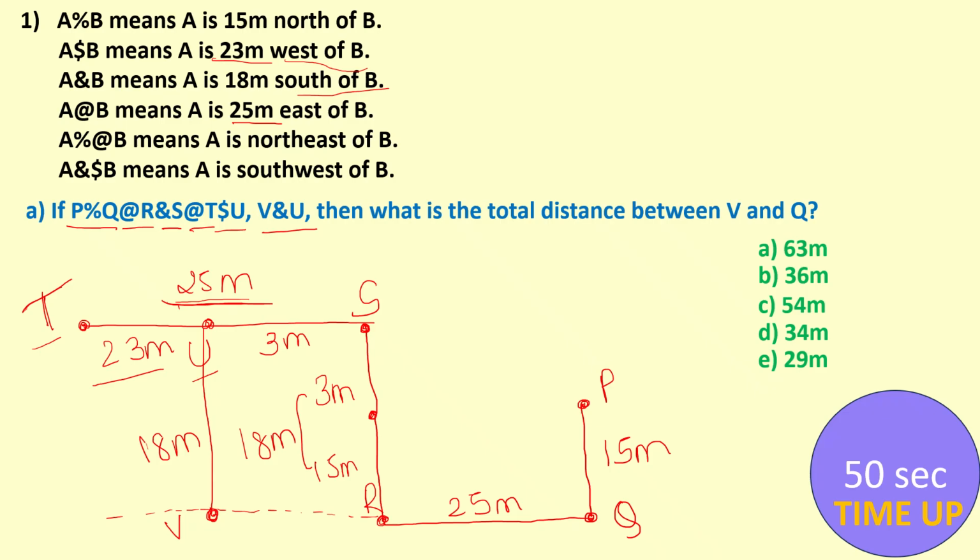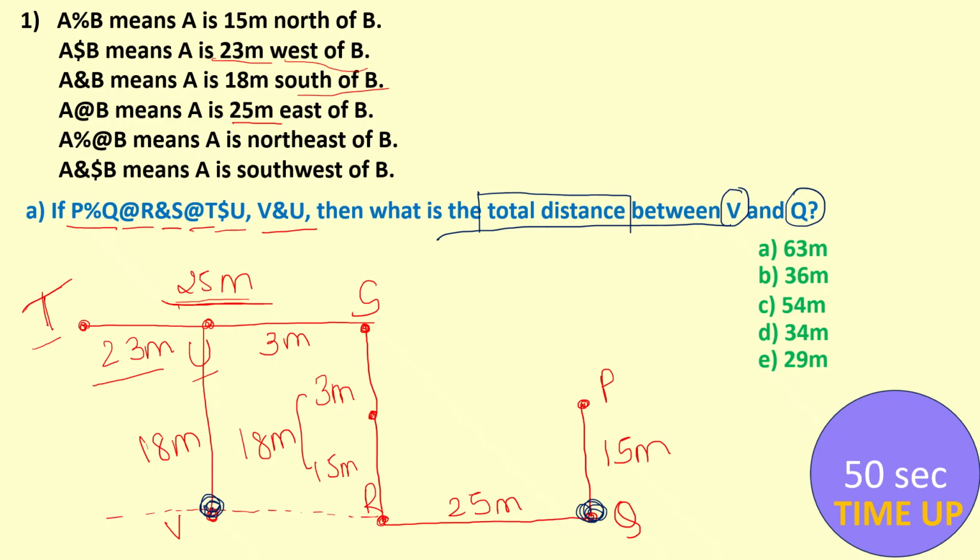Next, what is the total distance? The question asked is, what is the total distance between V and Q? So where is V? V is here and your Q is here. They have not asked you the shortest distance, but they have asked the total distance covered from point V to Q, correct?